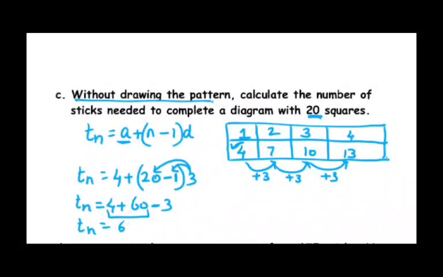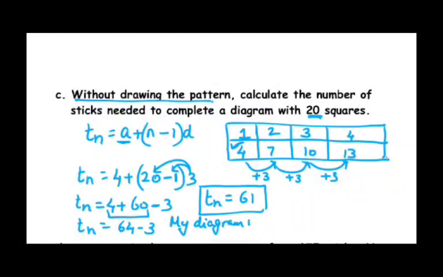Sixty plus 4, 64 minus 3. Answer 61. So how many sticks will my 20th square have? My diagram with 20 squares will have 61 sticks.